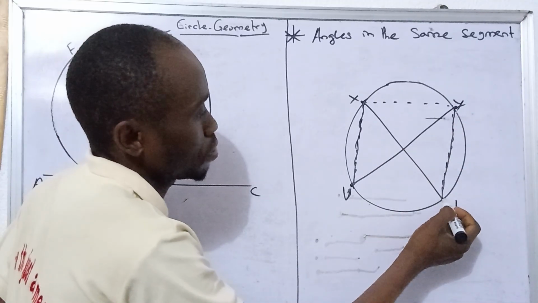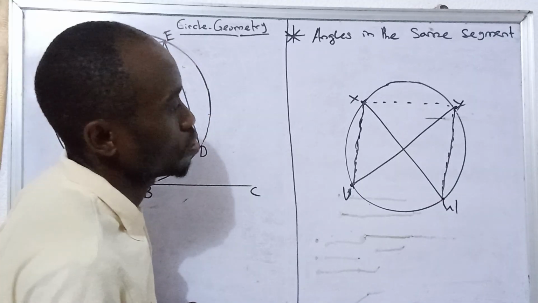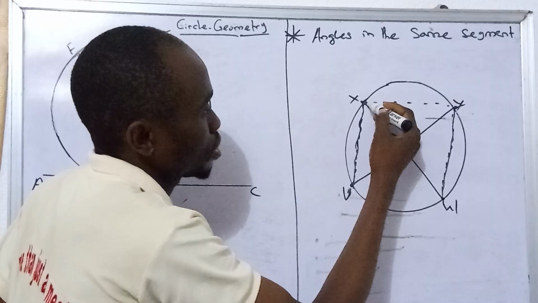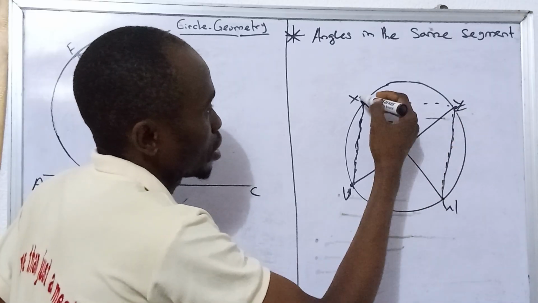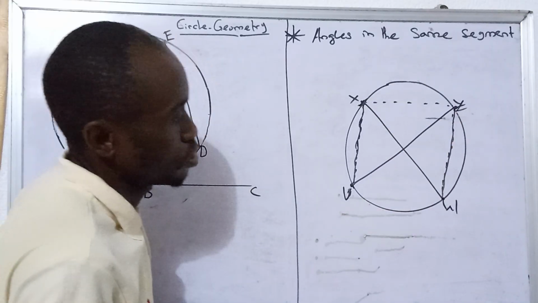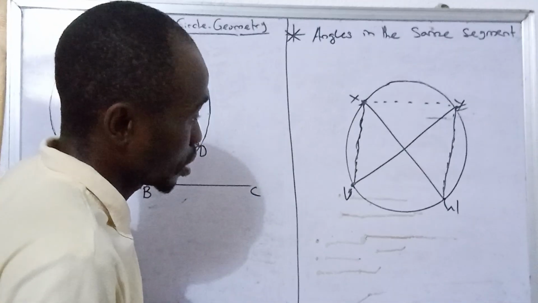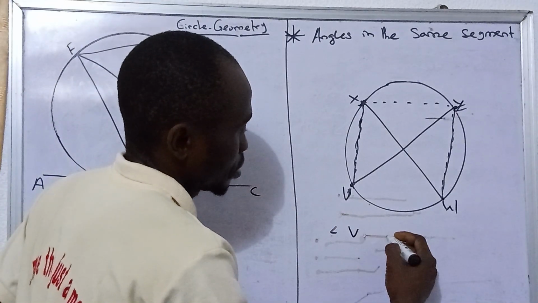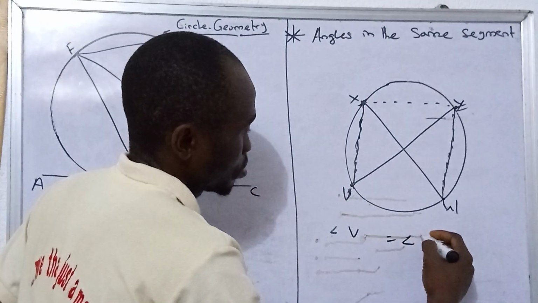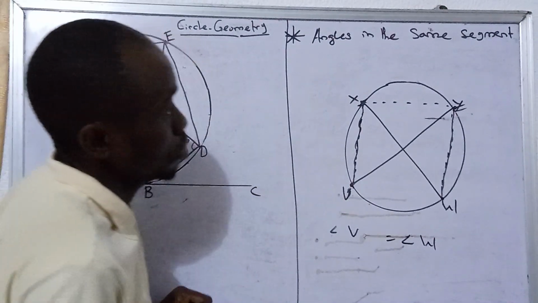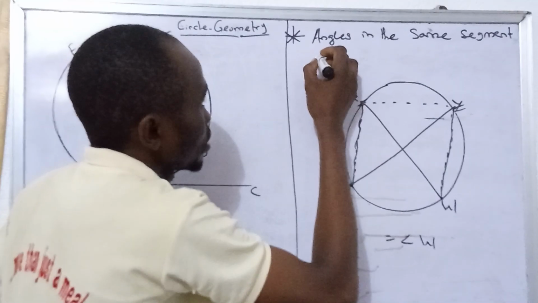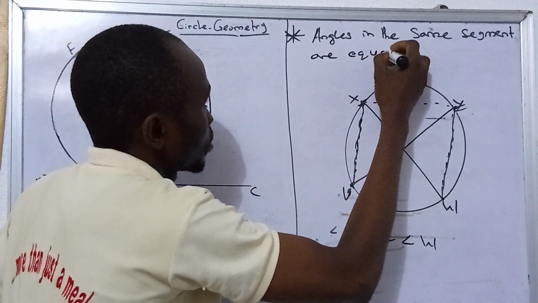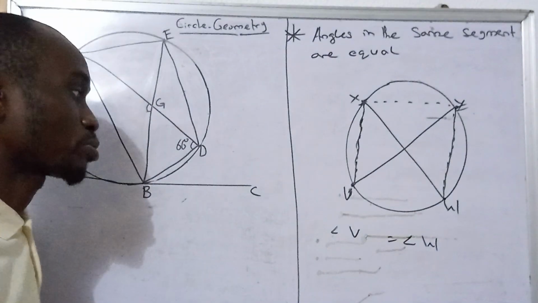Then let's take the tip angle of W, the base arc of angle W is still at X and Y. So in this situation, angle V equals angle W. That means our angles in the same segment are equal.